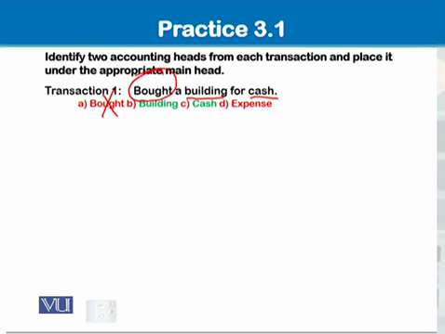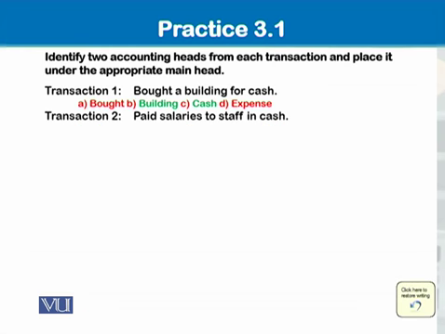Yes, building is an option, which is correct, and cash is the second accounting head in this. Look, there is no expense involved in this transaction. So, what we see that when we are saying we have bought a building for cash, there are two accounting heads in this transaction. One is building and the second one is cash.